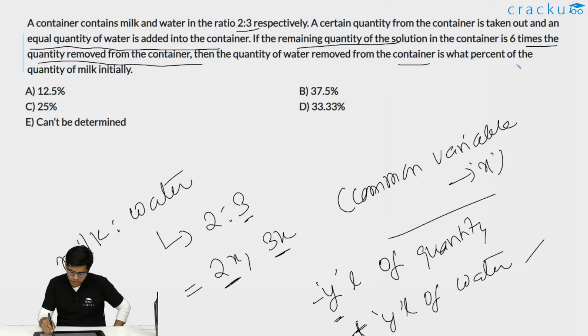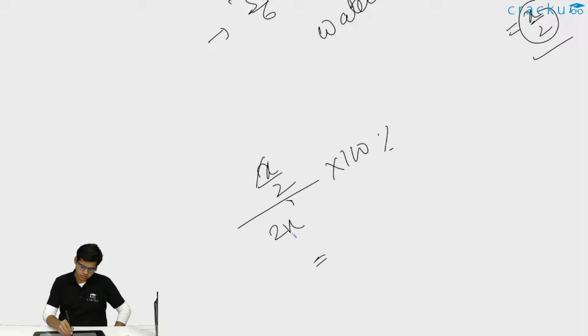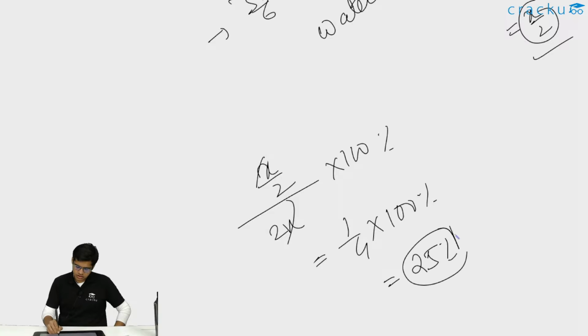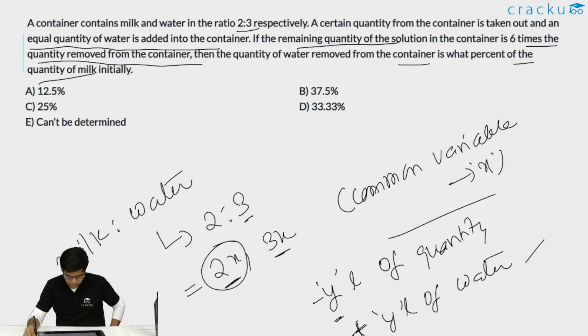What percent of the quantity of milk present initially? Milk present initially is 2x. So basically we have to find x by 2 divided by 2x, multiplied by 100%, which is 1 by 4 into 100%, which is 25%. So the correct answer is 25%, option C.